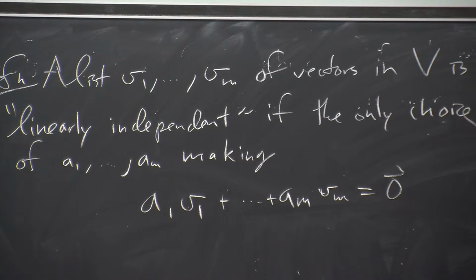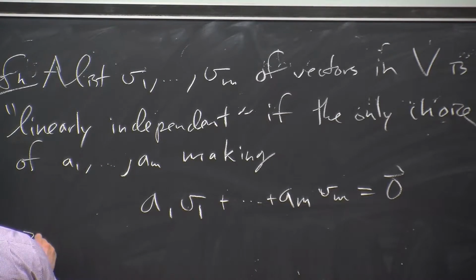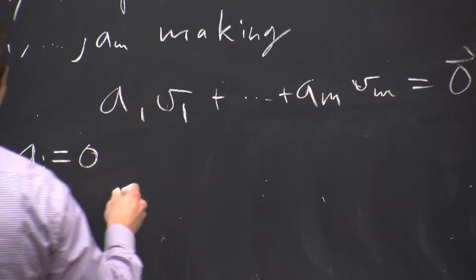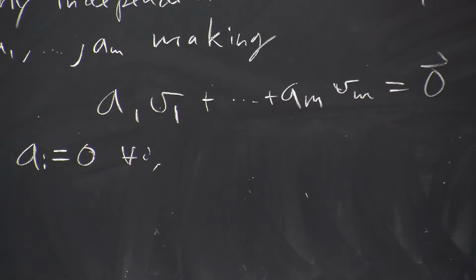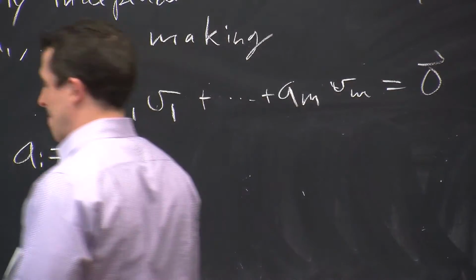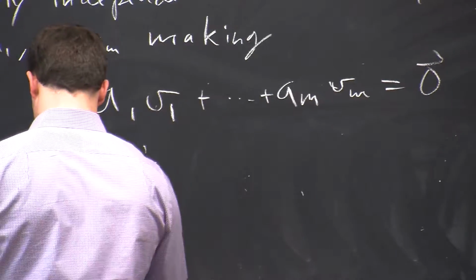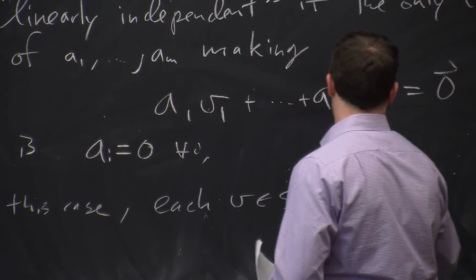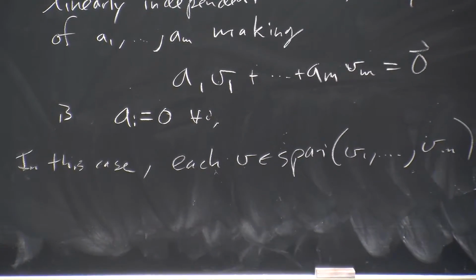The only way that I can write the 0 vector as a linear combination of the vectors in the list is with all coefficients 0. And in the case of linear independence, each vector in the span of v1 up to vm has a unique representation.